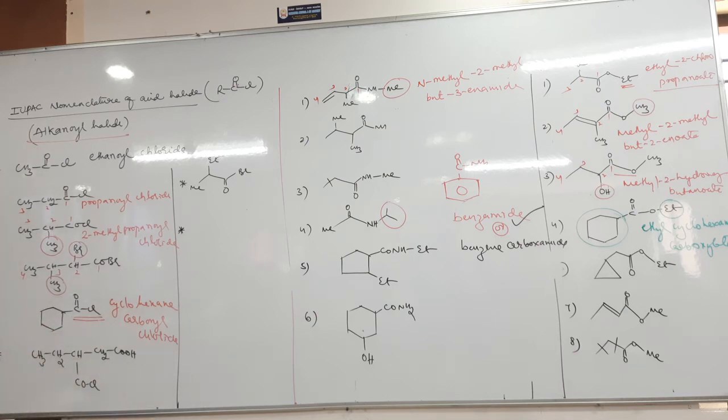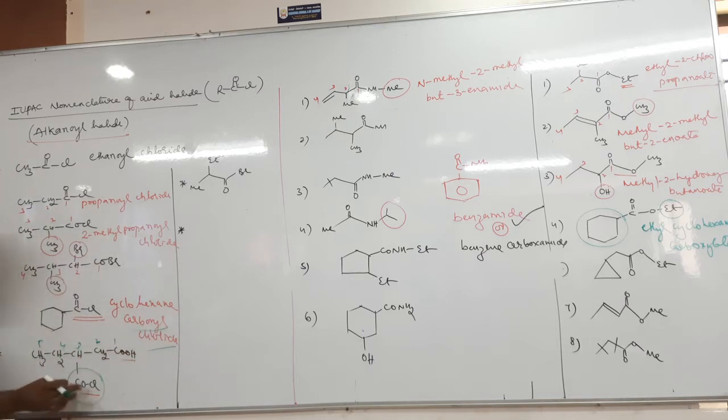Tell me here. Now a carboxylic group is there, and an acid halide. So which will get more priority? Obviously carboxylic acid. So therefore, now this becomes a substituent. If it is a substituent, what is the name? Carbonyl chloride.